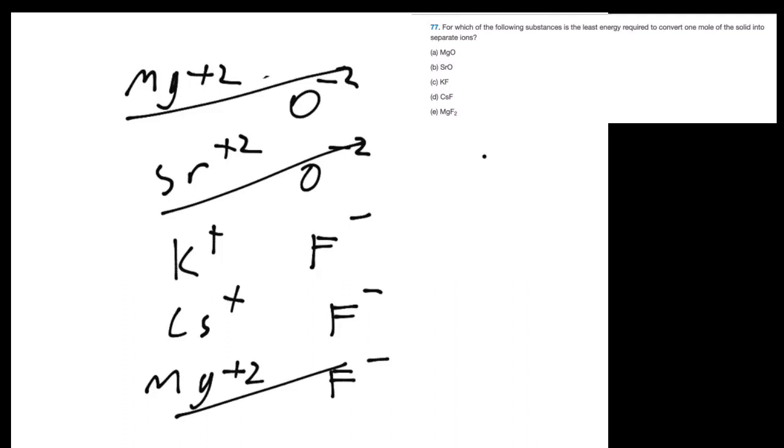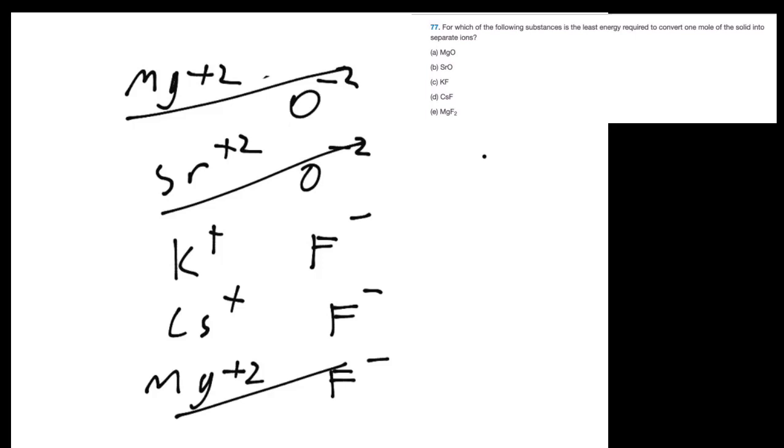Now we have 2 remaining, K plus and cesium plus, and fluorine as the other element. So fluorine is the anion in both of these choices. And now our question becomes, how do we tell the difference between the 2 of them? Because potassium and cesium are both in the same group of the periodic table.